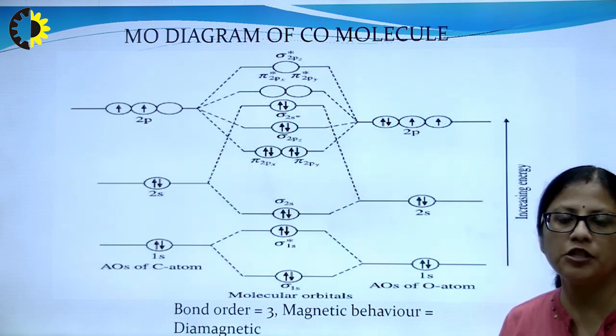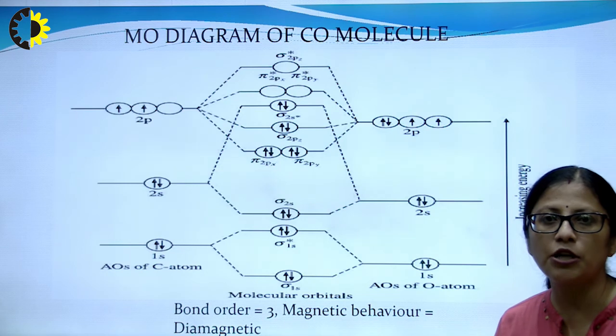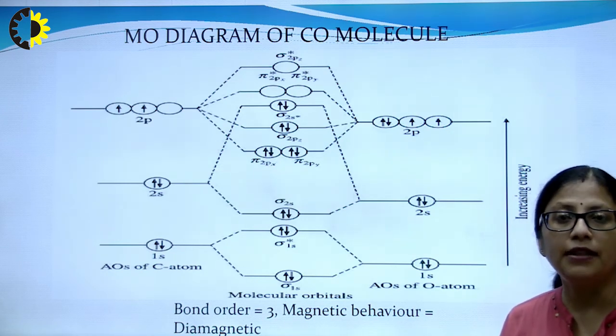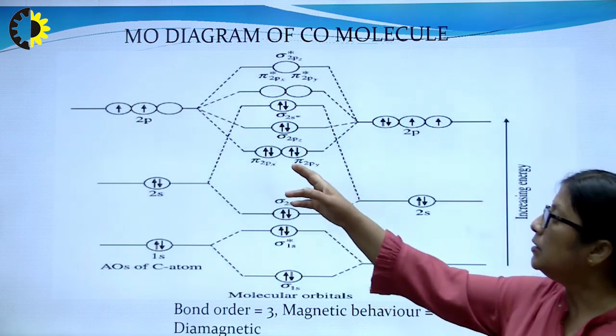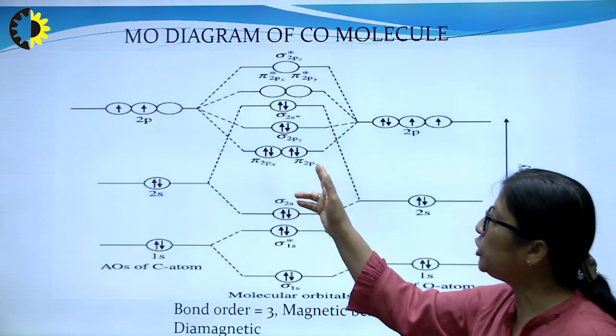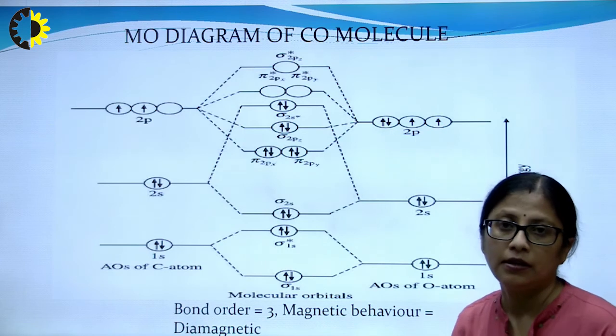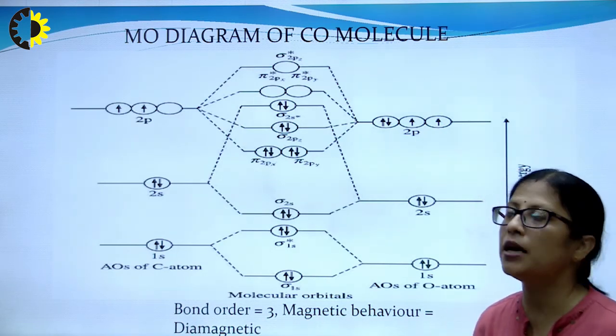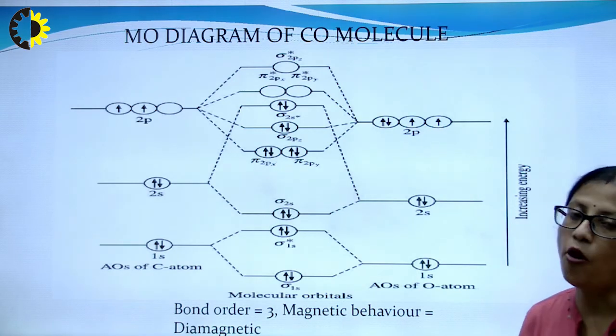The energy difference between sigma 2s and sigma star 2s is more than was expected. Therefore, as a result, the 2p orbitals, the pi 2p and sigma 2p, become lower in energy in comparison to the sigma star 2s orbital.